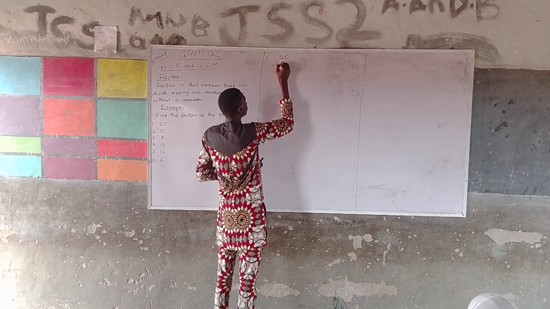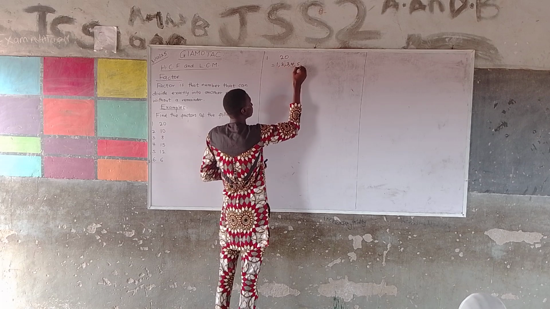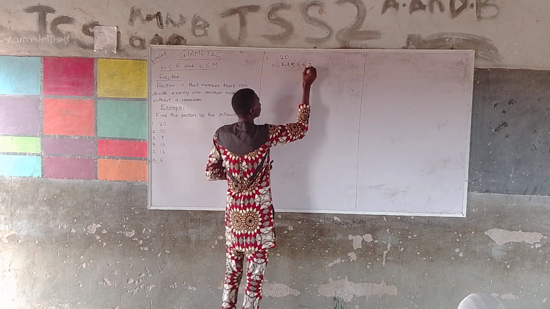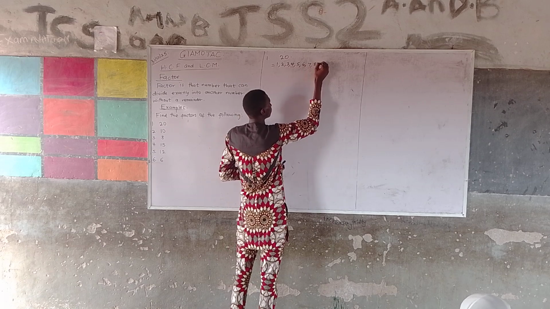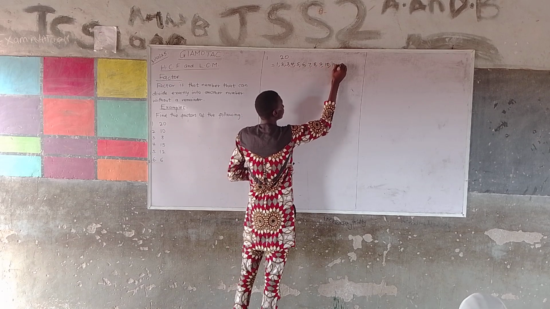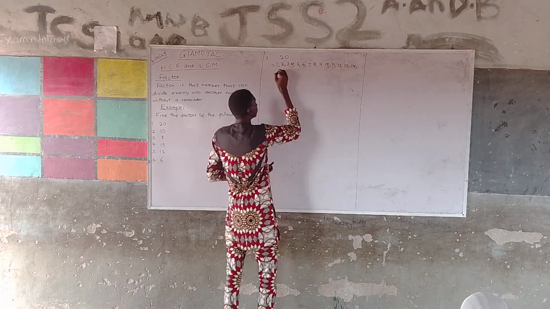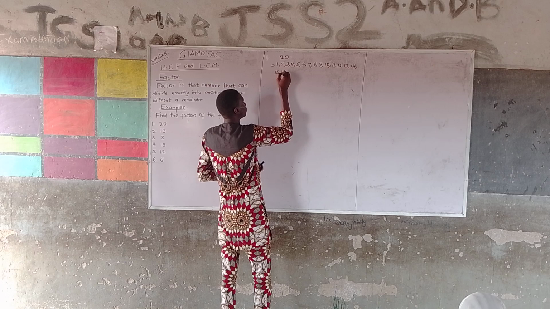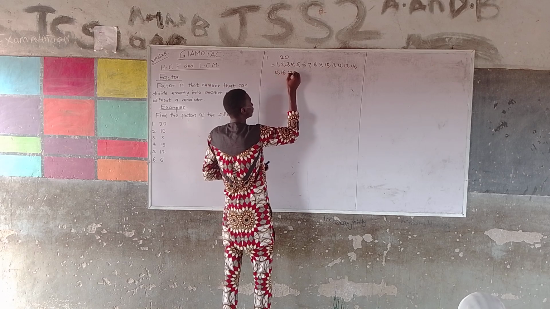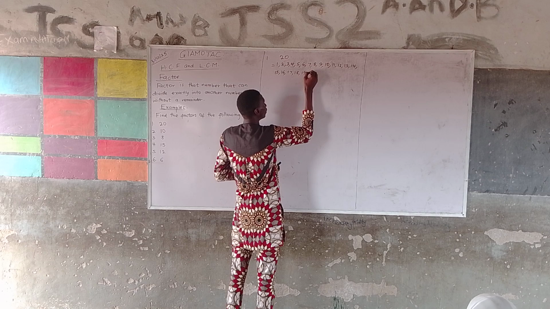We have 1, 2, 3, 4, 5, 6, 7, 8, 9, 10, 11, 12, 13, 14, 15, 16, 17, 18, 19, and 20.